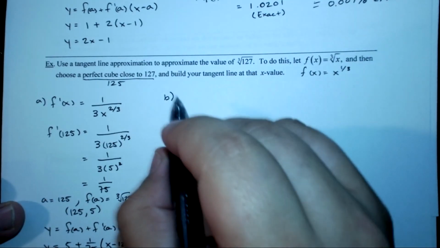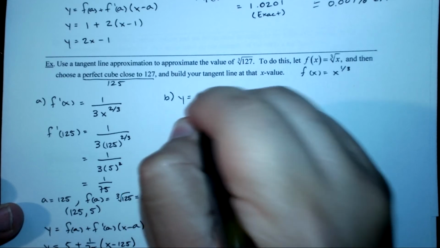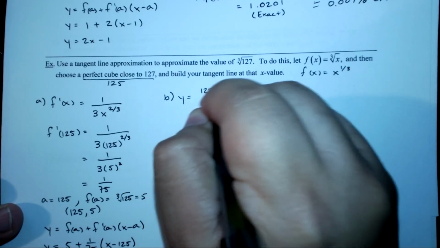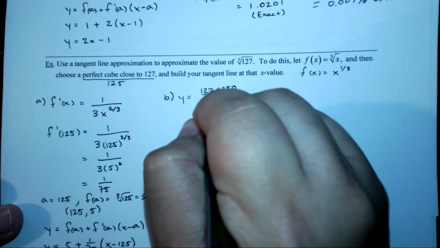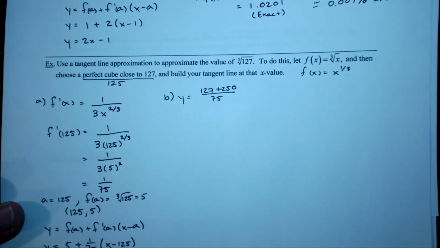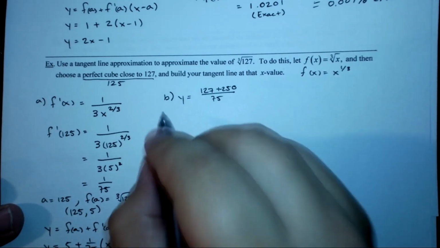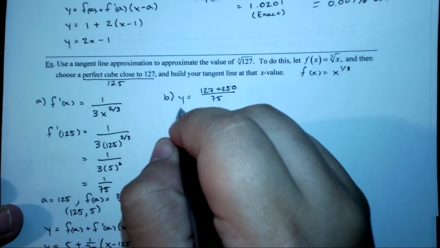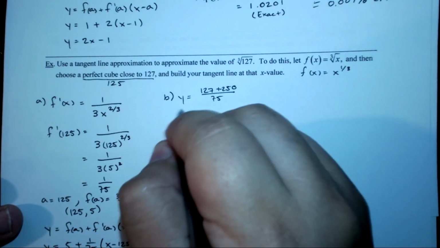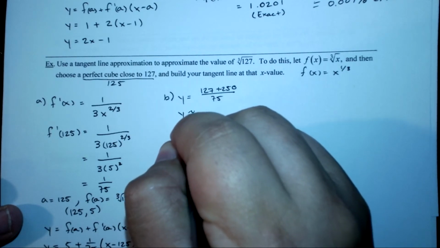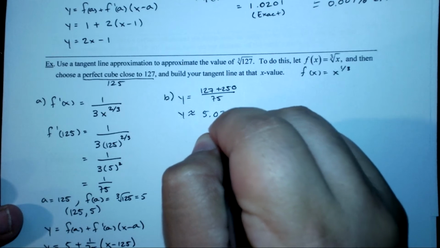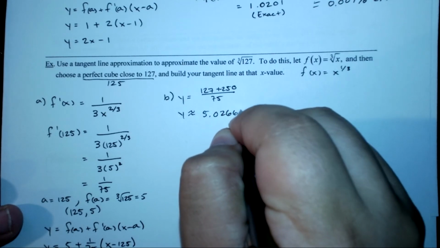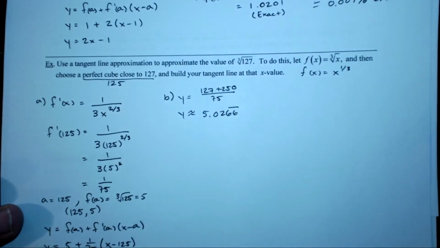So for B we're going to say y is equal to 127 plus 250 divided by 75. You plug this into the calculator and you get y is approximately 5.0266, and it's technically 66 repeating.